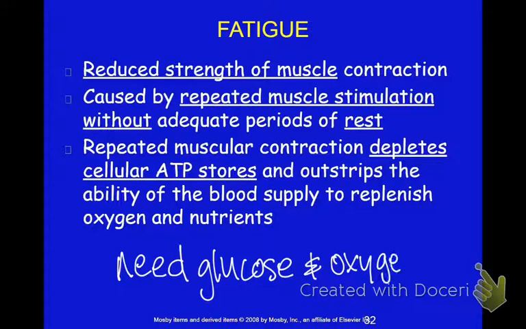That's right. So when you are vigorously working out, your muscles are going to need more glucose, which isn't a problem to get to your muscles. And muscles are going to need more oxygen. How is your body going to supply your muscles with the oxygen that it needs?